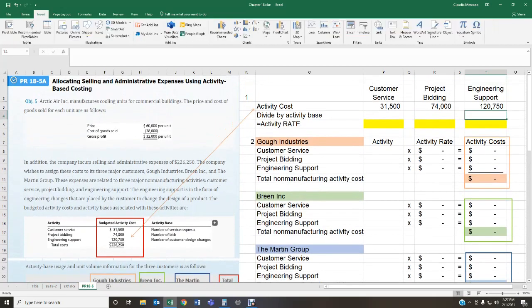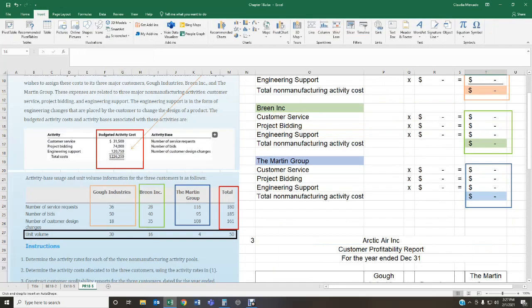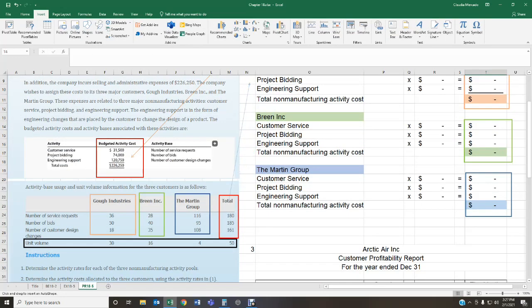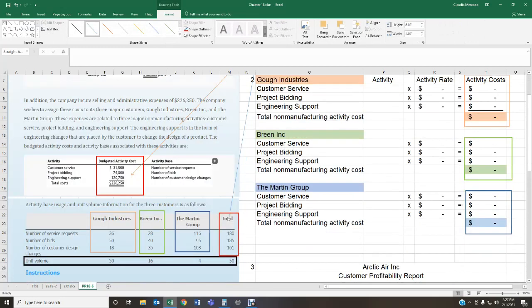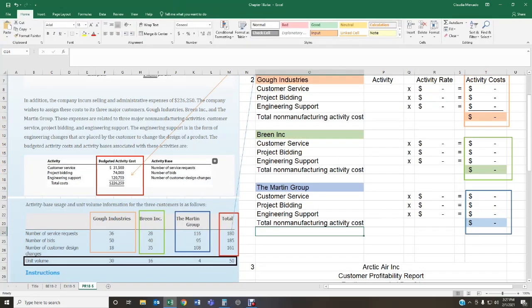For the activity base, we're going to look at the total activity base right here. In total, how many service requests did I have? Well, I had 180.